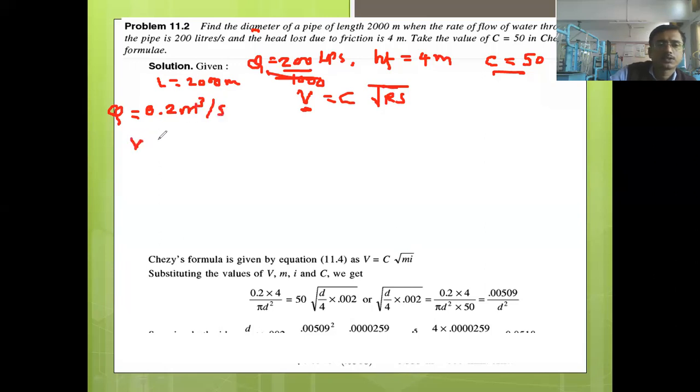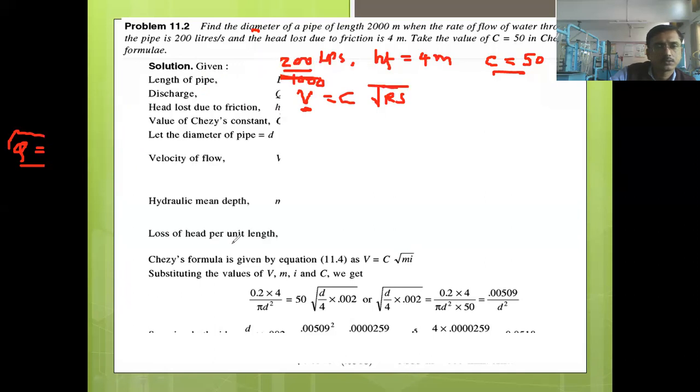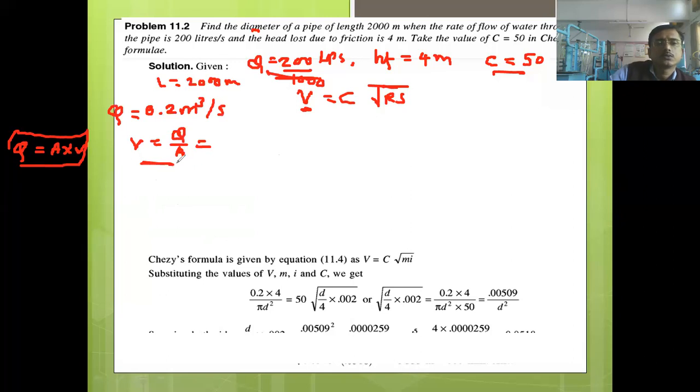We know that velocity is equal to discharge upon area, right? Because Q चा फॉर्म्युला आहे Q is equal to A into V. So therefore V is equal to Q upon A. Q किती आहे 0.2.